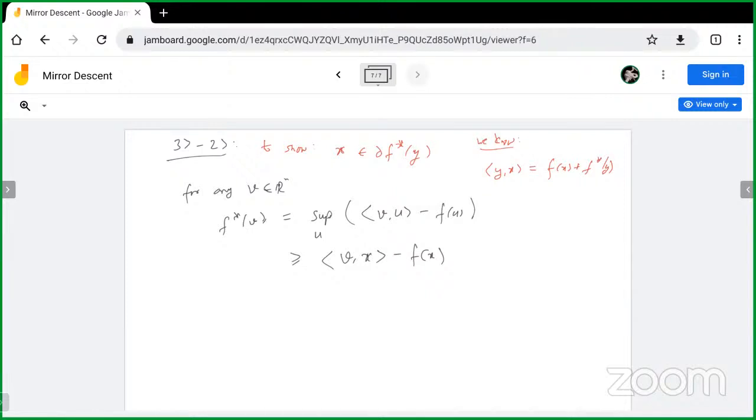So essentially, I'm reversing the previous proof in some sense.